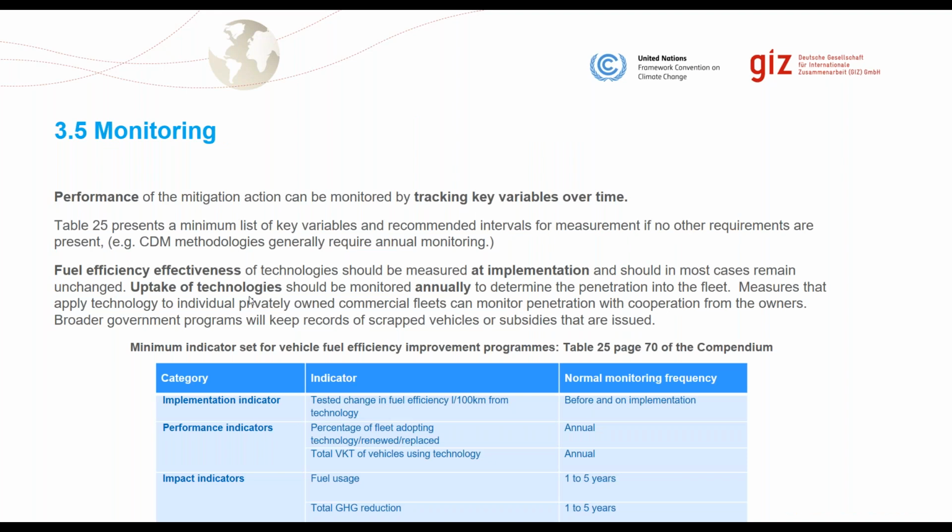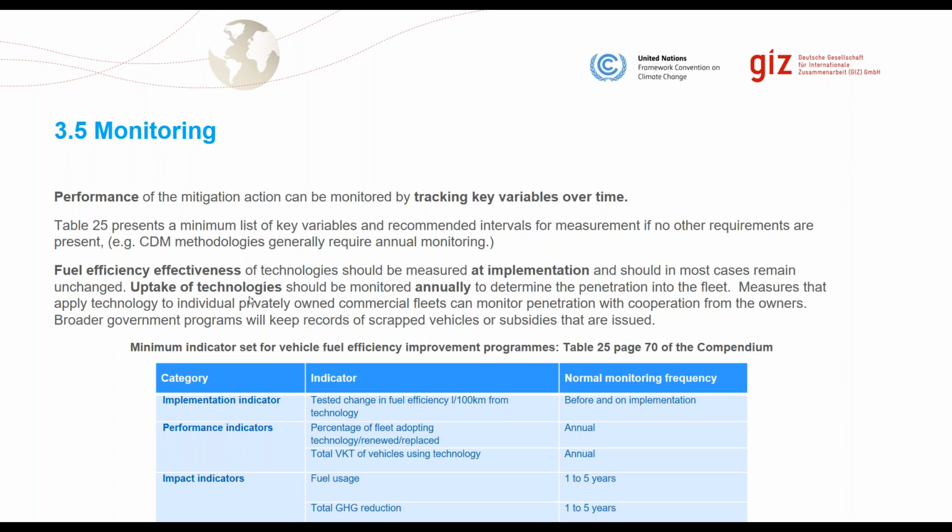The fifth aspect of this particular section of the compendium looks at monitoring, in terms of what key indicators you need to track over time within the program or the project that you're implementing. If you go to the table presented in Table 25 of the compendium, you have a number of key indicators that need to be monitored over time to look at the fuel efficiency improvement that you are undertaking.